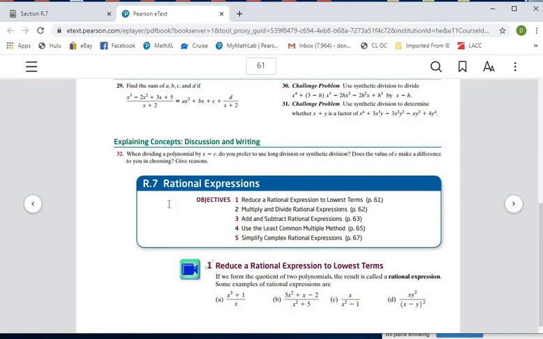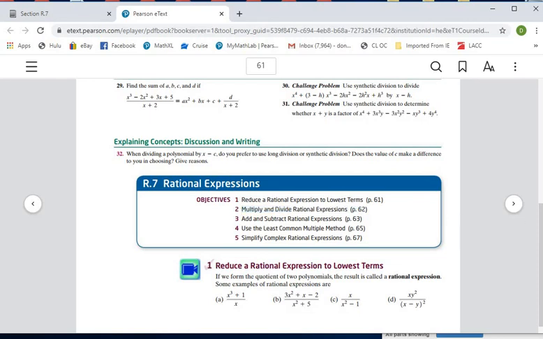So here we are, R7. And R7 goes from page 61 to page 67, and it has multiple objectives. Remember that the objective that I was looking for was multiply and divide rational expressions.